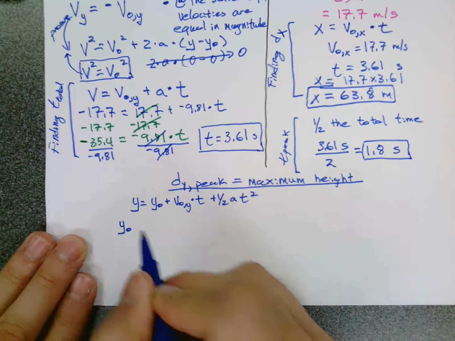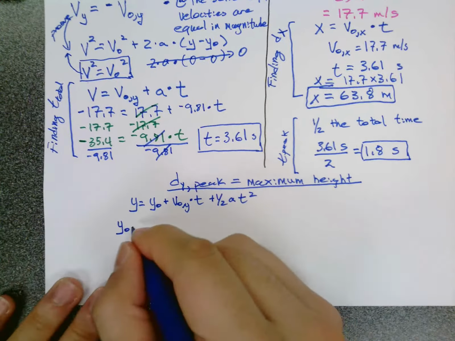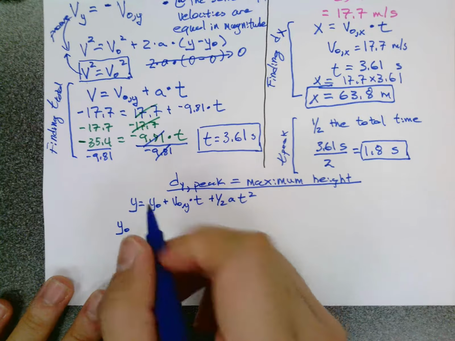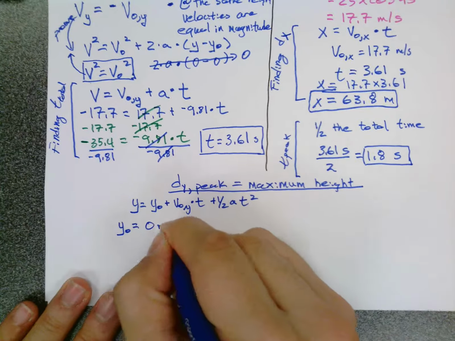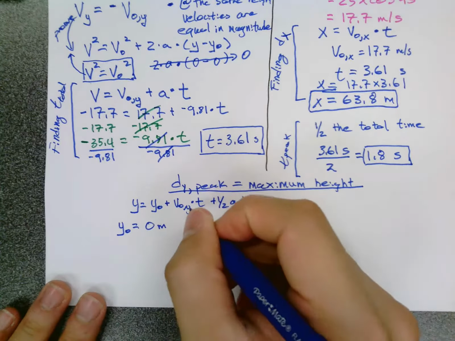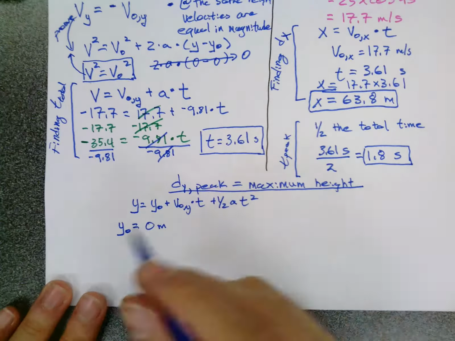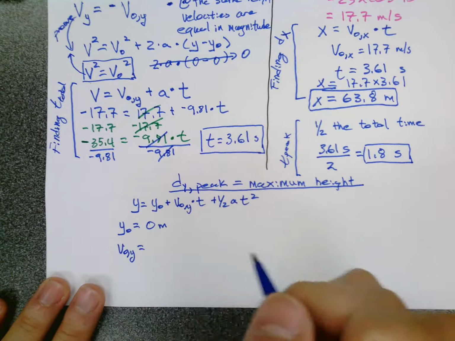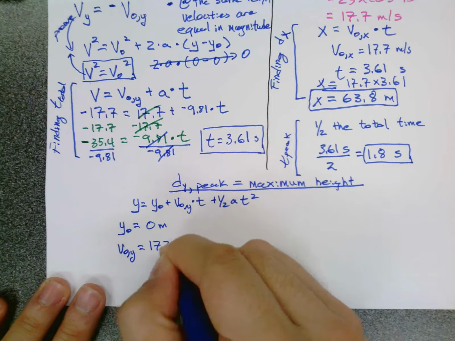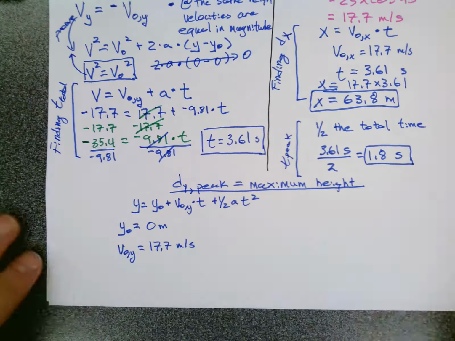Since our football starts at the ground, our initial vertical position is going to be 0 meters. We know our initial vertical velocity, v0y, to be 17.7 meters per second.